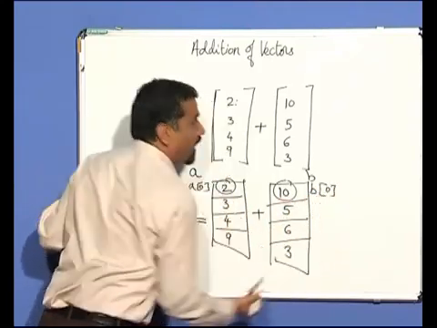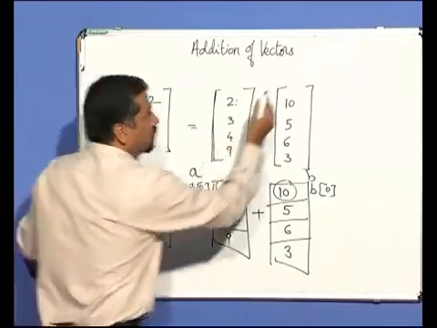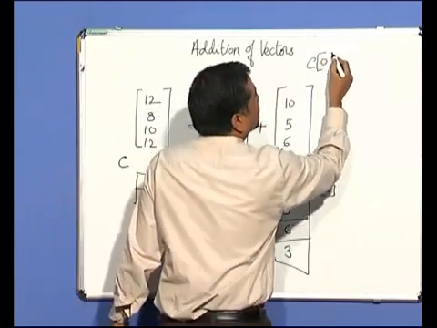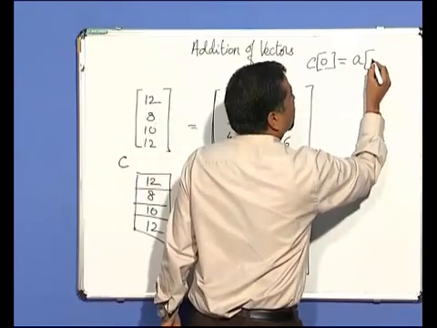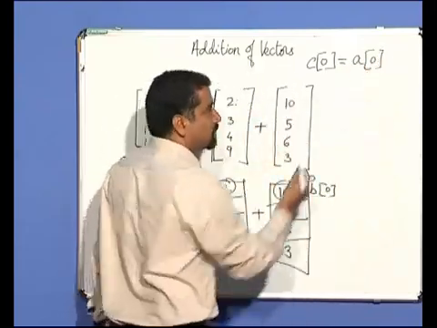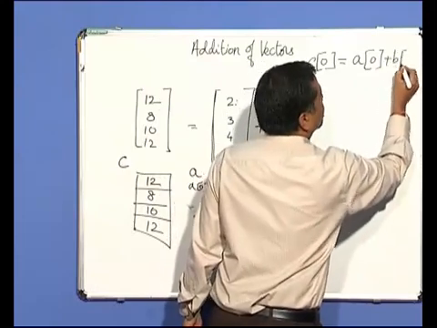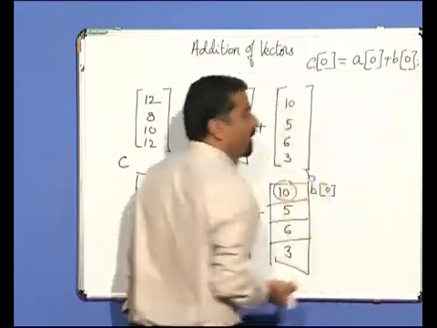Can't we say now, and this is C. So all we need to write is something like C[0] is nothing but 0th element from the A matrix plus 0th element from the B matrix.